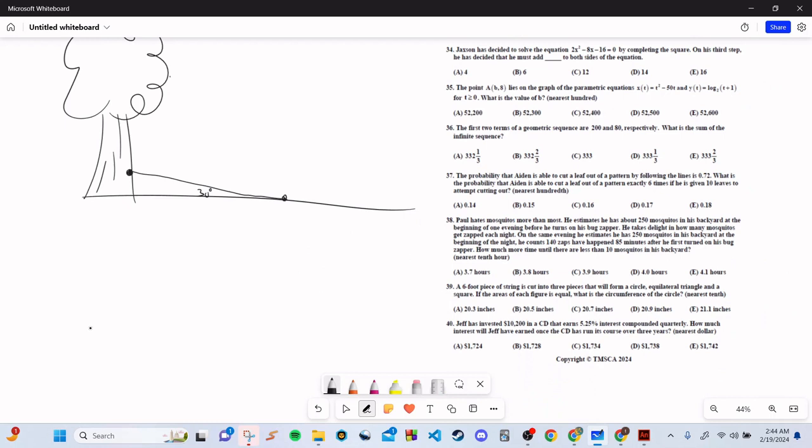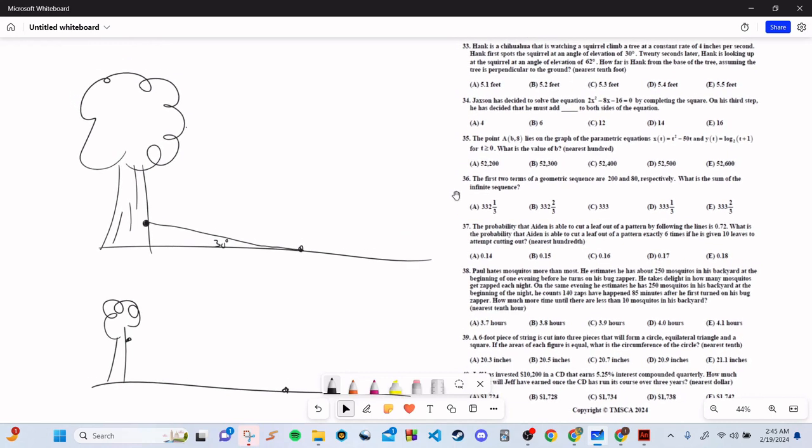And then later, I'm just going to draw the tree again down here. So the squirrel's going to move up. And I think it tells us how much later: 20 seconds later, he sees an angle of elevation of 62 degrees.